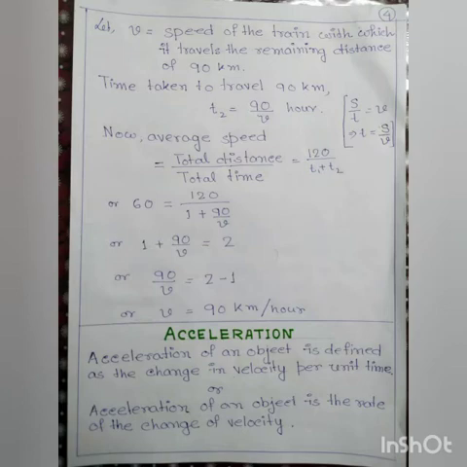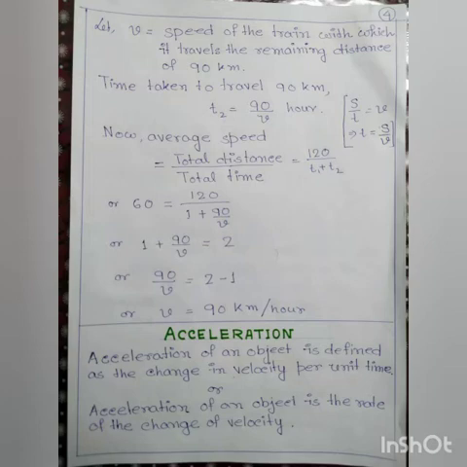Now the time taken to travel the next 90 kilometers, t2, will be 90 by v. Here we have used the relation speed equals distance by time, meaning time equals distance by speed. Clear?